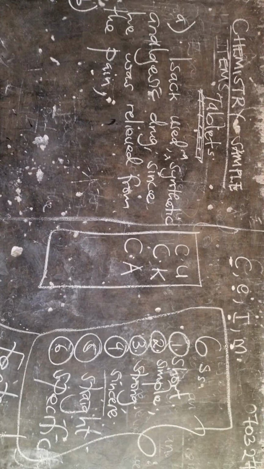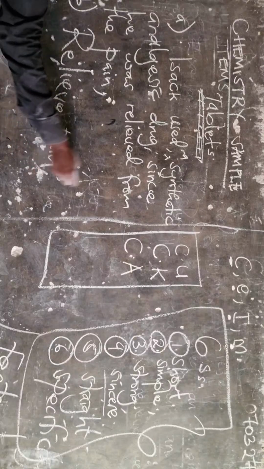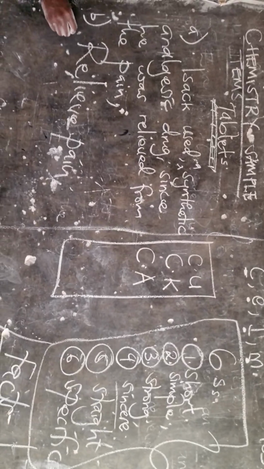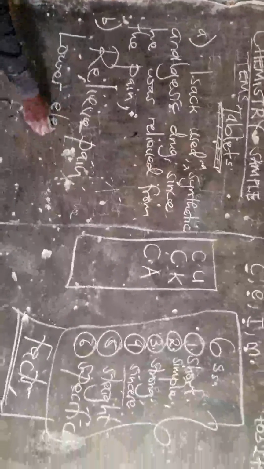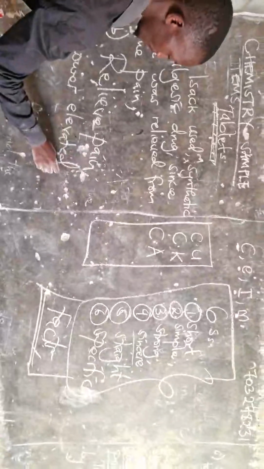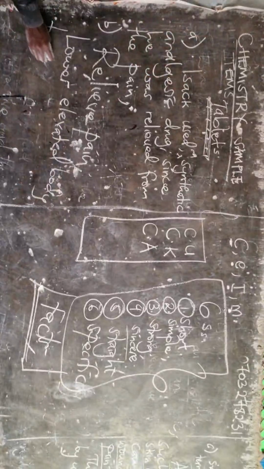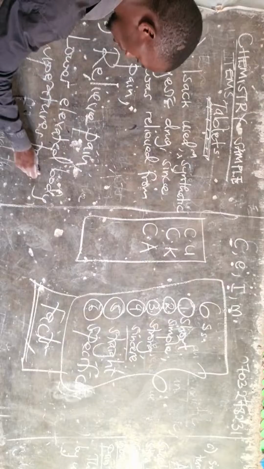So what is the function? The functions of these analgesics. We gave them. We said they relieve pain. We gave the functions of the analgesics: lower elevated body temperatures to normal.